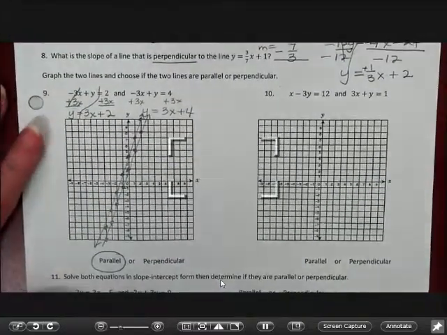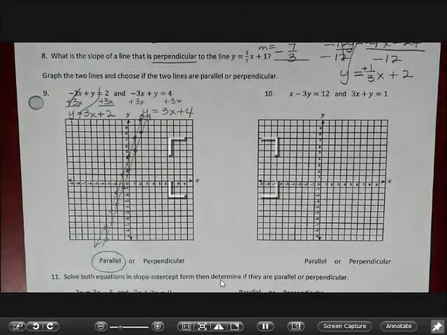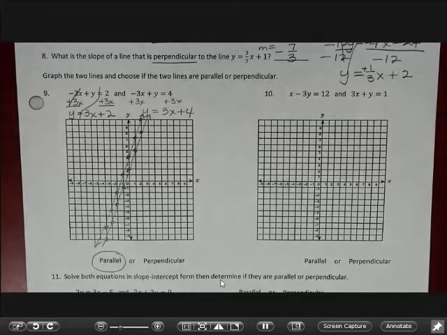They come out super skinny when you graph them, but they are parallel with the same slope. It's actually pretty hard to get ones that are closer together than that on your graph.